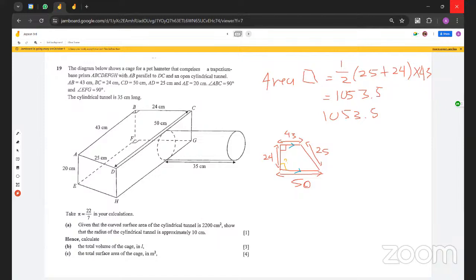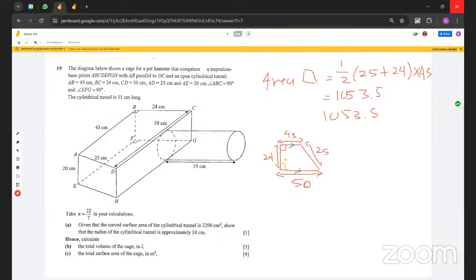Now, back to the original question. Are you certain your trapezium is drawn correctly here? Oh, what did you say again?